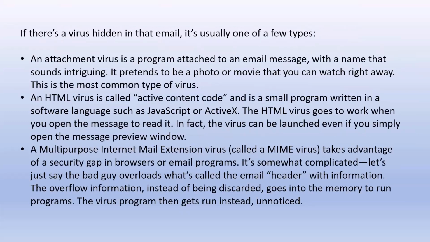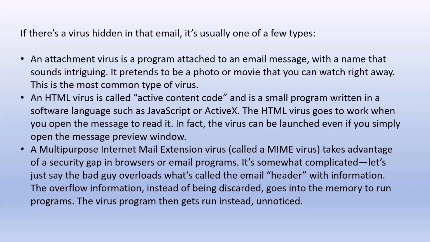If there's a virus hidden in that email, it's usually one of these few types. An attachment, either a virus program that's attached to an email message with a name that sounds intriguing. An HTML virus called an active content code, which is a small program written in a software language such as JavaScript or ActiveX.